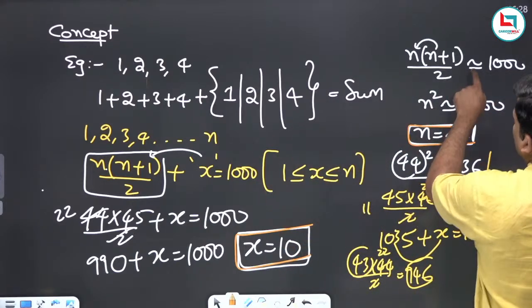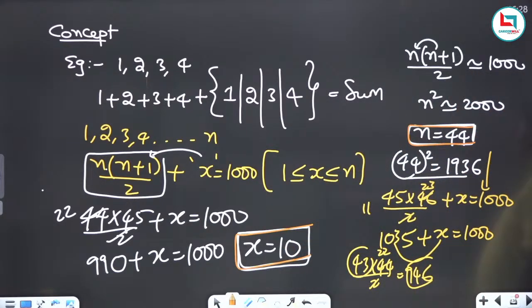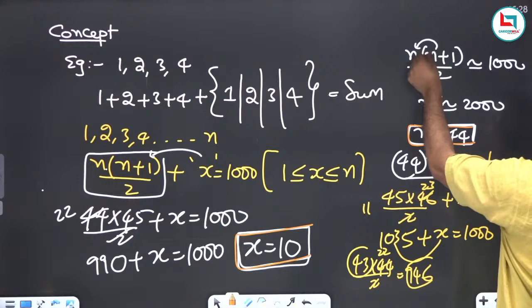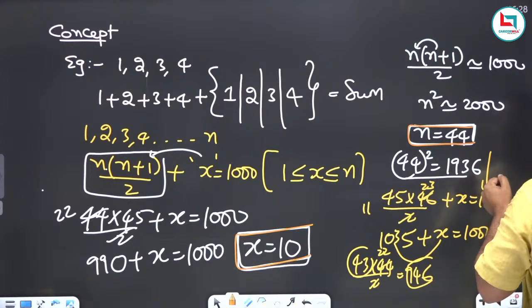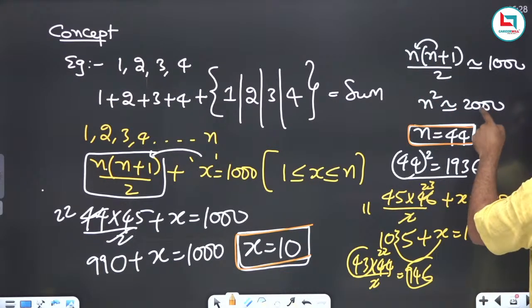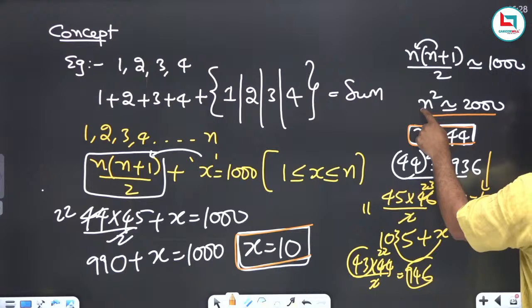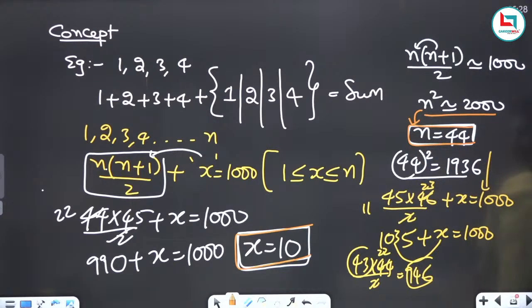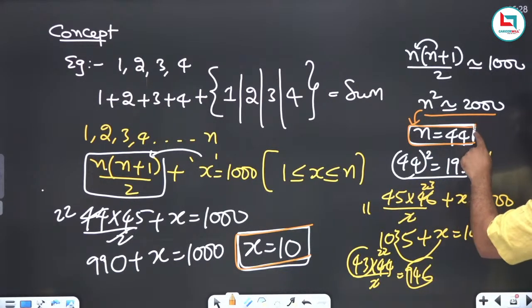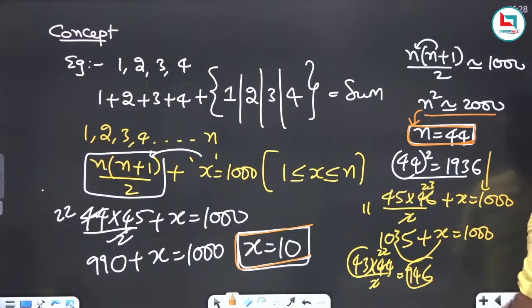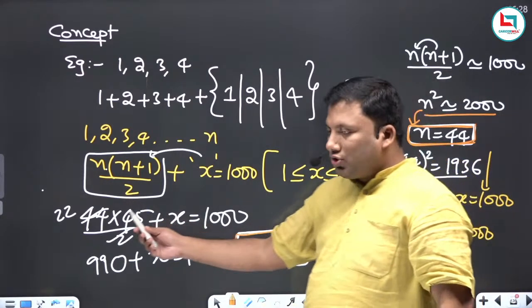That is the reason I removed x and replaced it with an approximation. n plus 1 and n are adjacent consecutive numbers. So n square is closer to 2000. What is the perfect square just closer to 2000? 44 square is 1936. So n is 44.